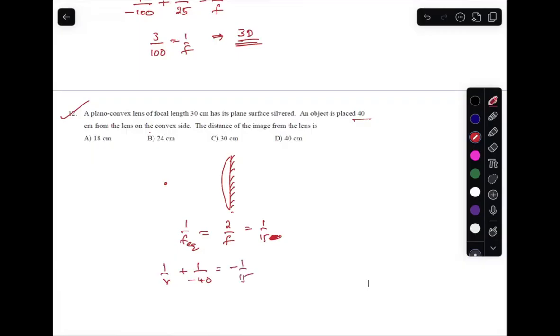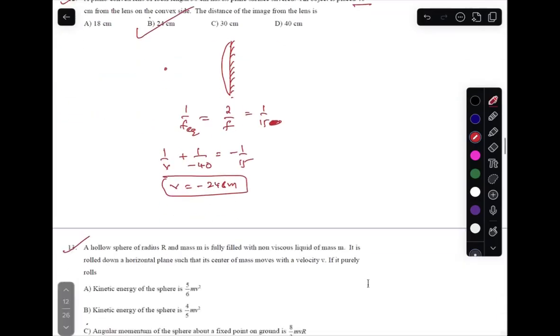Solving which, you will get v as minus 24 centimeters. Minus 24 means real image. It forms at 24 centimeters from the lens. It behaves like a concave mirror as a whole.